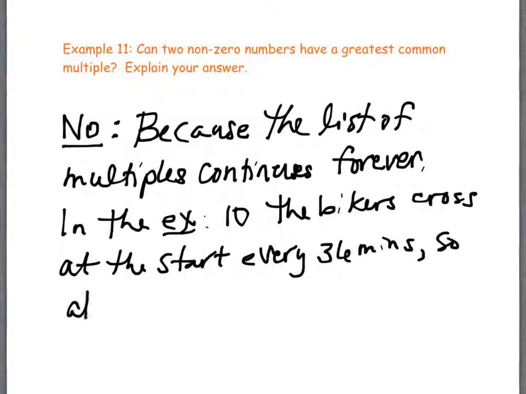So at 36, and again at 72, and I'll just put dot, dot, dot after that. So this list of common multiples is an infinite list, right? Because the list is infinite, it doesn't have an ending spot on this particular list. Make sense? All right.